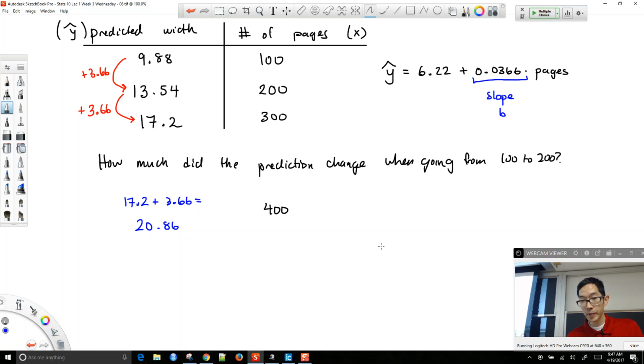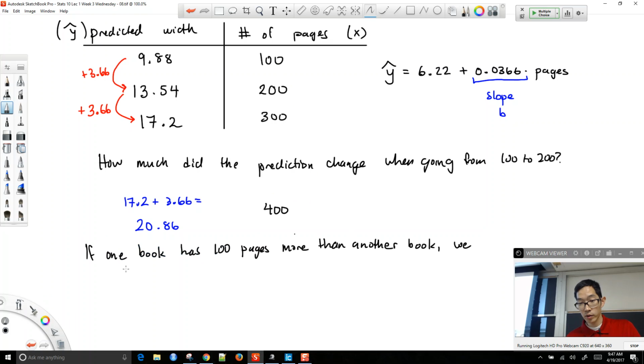What we're saying is that when we increase the number of pages in our book by 100, we can say something like, if one book has 100 pages more than another book, we predict the width to go up 3.66 millimeters.